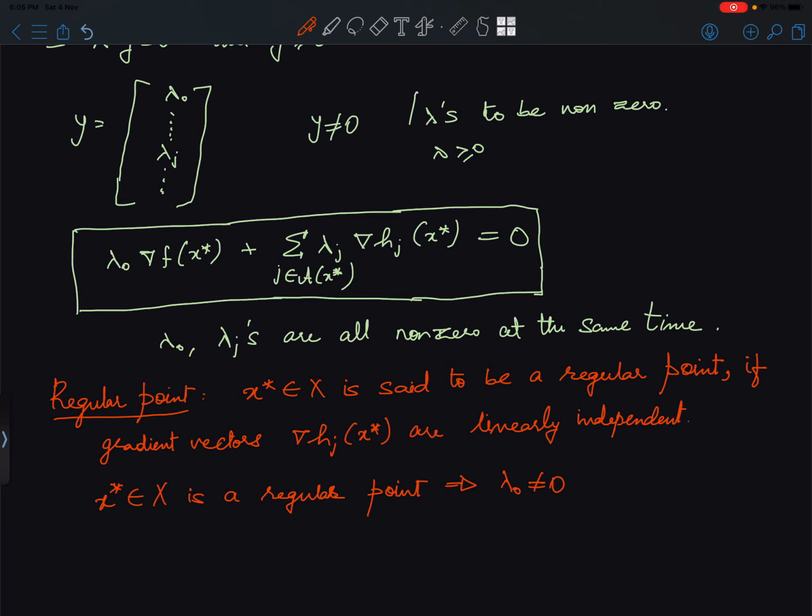So if my x star is a regular point, then my lambda 0 is non-zero.